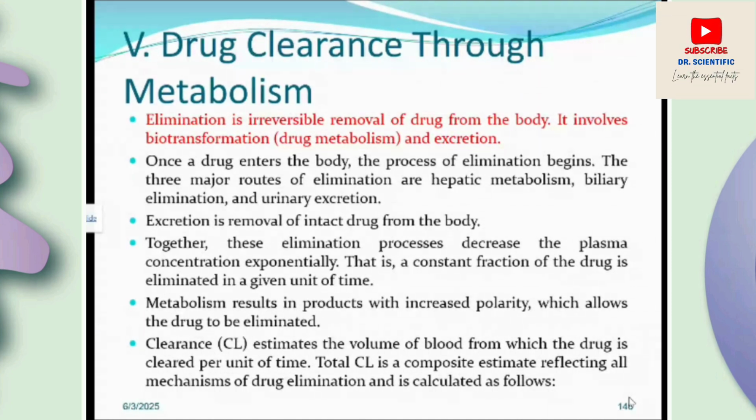What is the effect of elimination or excretion? Does it prolong it? If we increase the rate of elimination, what happens to the drug effect?